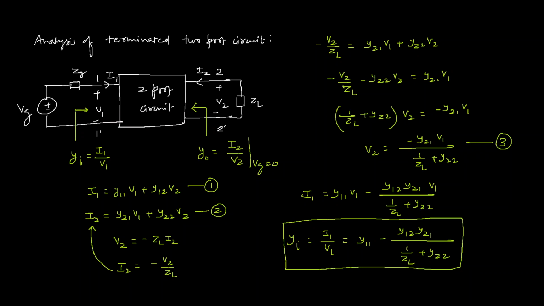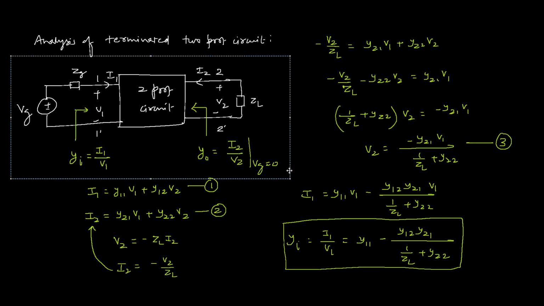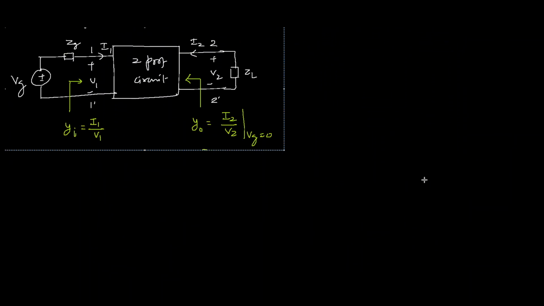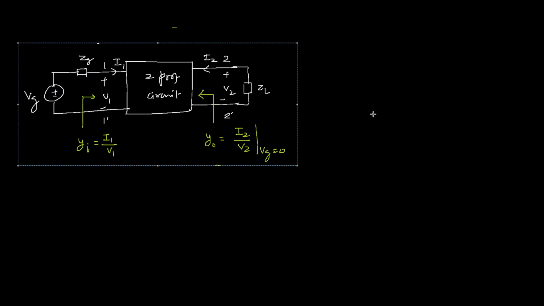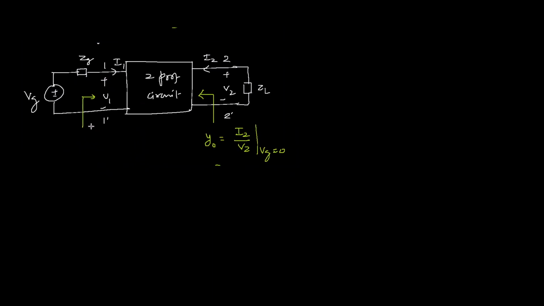Now we have to find the output admittance, which is simply the Thevenin admittance. To find the output admittance, first of all, let's make the generator voltage 0. Making this independent source 0, this path is basically short circuited.